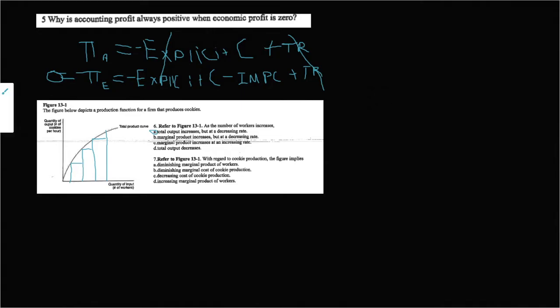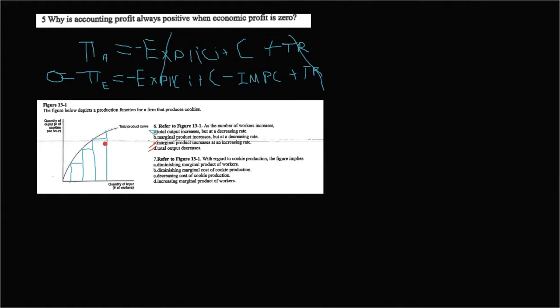But let's look at the other ones to show why they're wrong. Total output decreases. Well, no, because we're still increasing our output here. Output is still increasing as quantity is increasing. So this is wrong. Marginal product increases? No. We're increasing the product but not at an increasing rate.